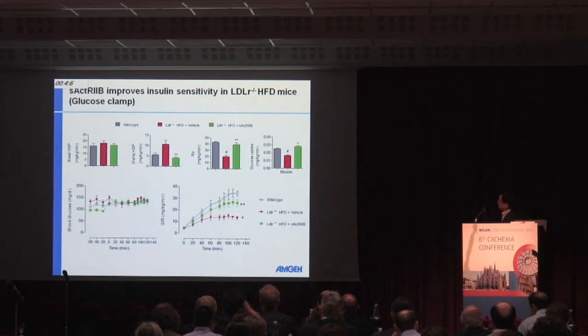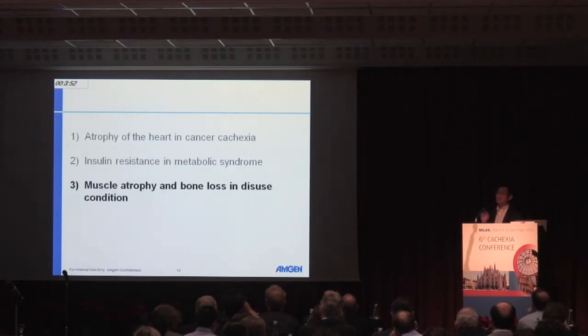You can see the glucose infusion was not much, but after treatment with the soluble receptor, you can see this glucose utilization improved pretty dramatically. So that's the hard evidence showing that blocking the myostatin signaling was able to stimulate insulin signaling.